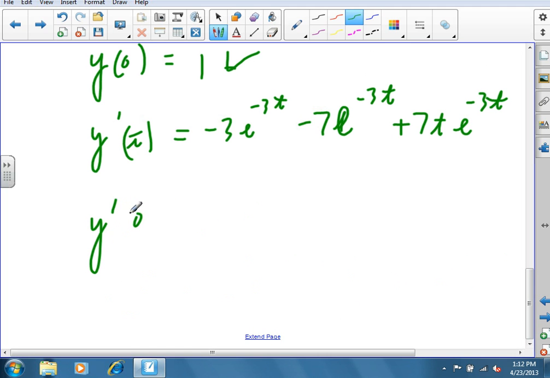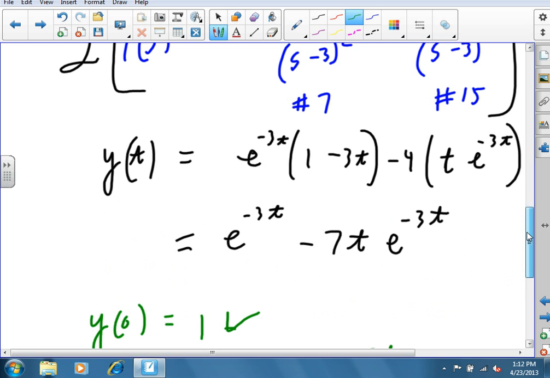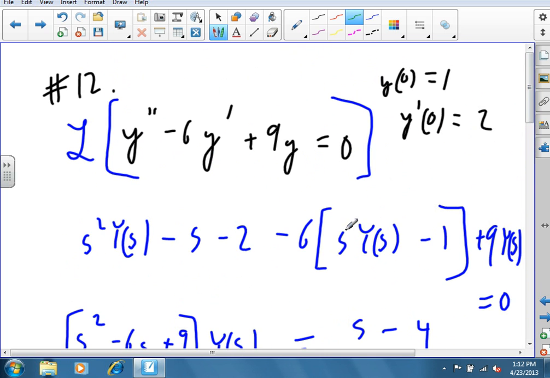Y prime at 0 is supposed to be 2, and we have 10. How did that happen? Back to the top.